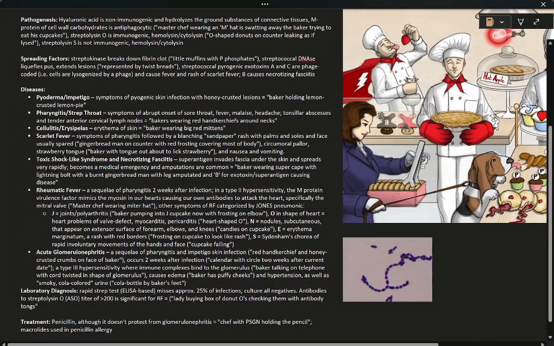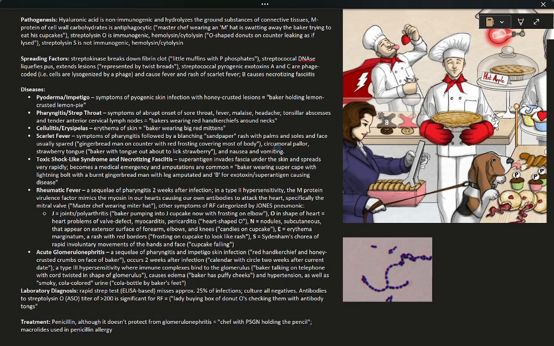And it's this gingerbread man here specifically, so you can see that the red frosting, which resembles the sandpaper rash, is covering most of his body, but the palms, the soles, and the face are spared.